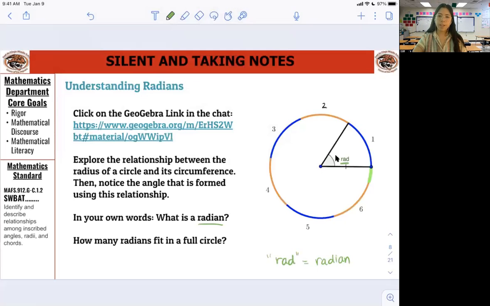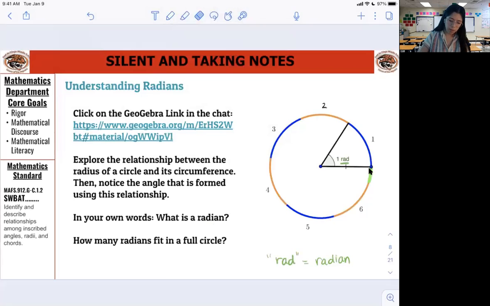This is 1 radian. How do I get 1 radian? What did they do here? They wrap the radius 1 time. Exactly.